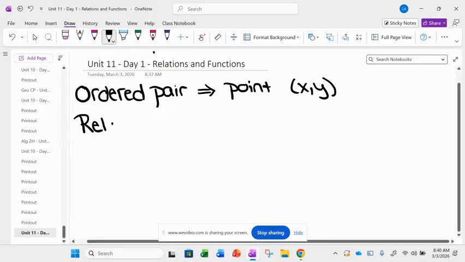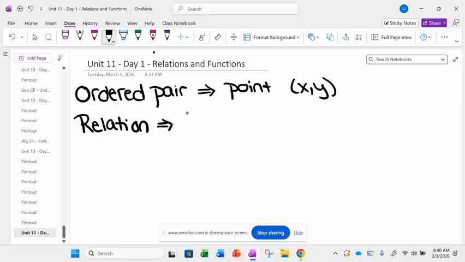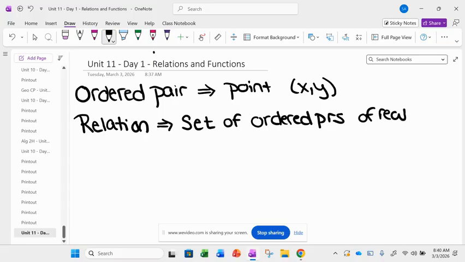Next vocab word is a relation. And a relation is a set of ordered pairs of real numbers.